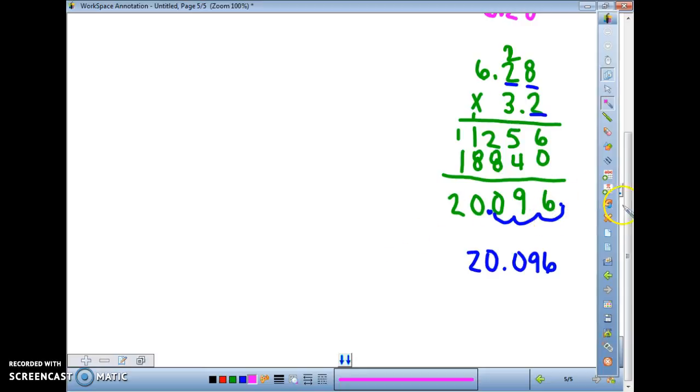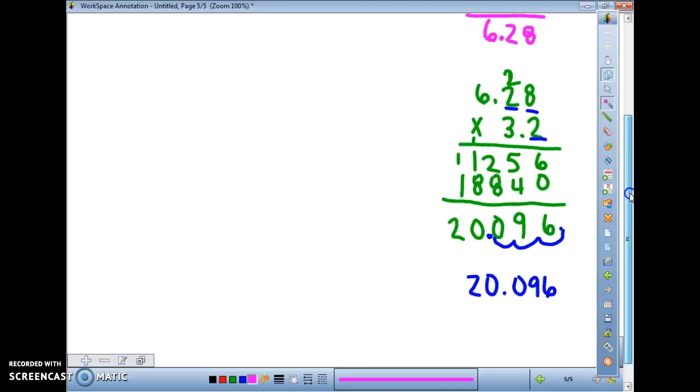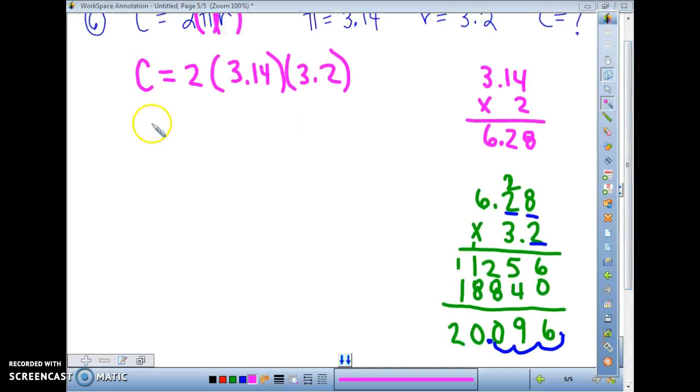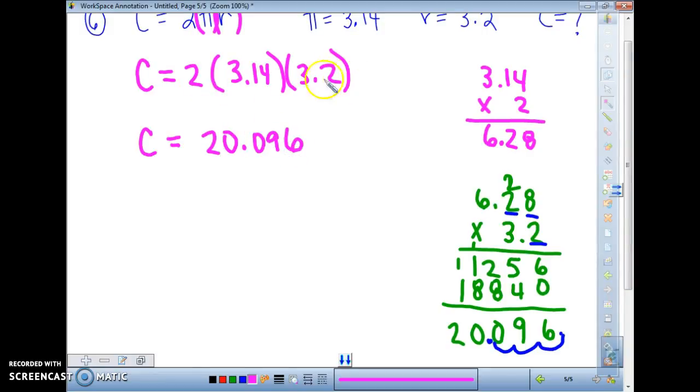Okay. Alright, so all of that gives me that C is equal to 20.096, okay? See, I didn't have to divide by anything on each side because the variable was already by itself. When the variable is by itself, all you have to do is simplify everything that's after the equal mark, okay? Alright?